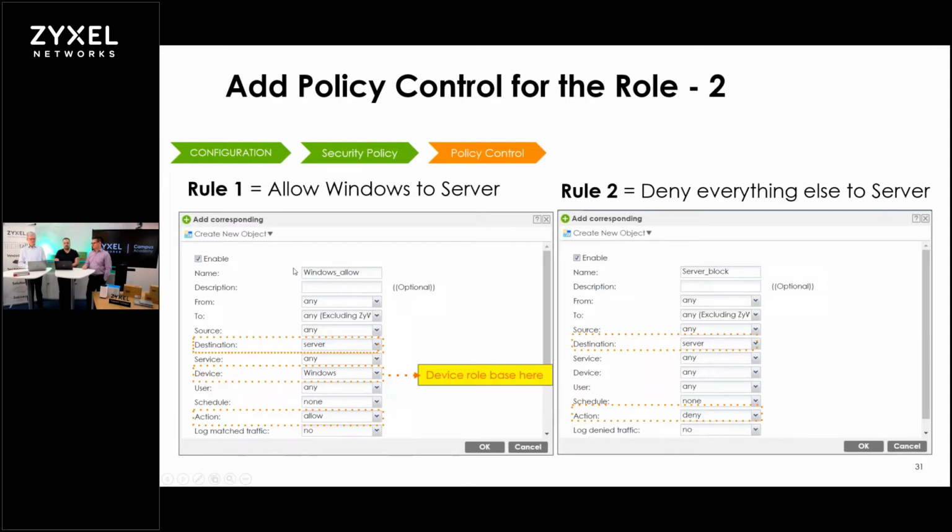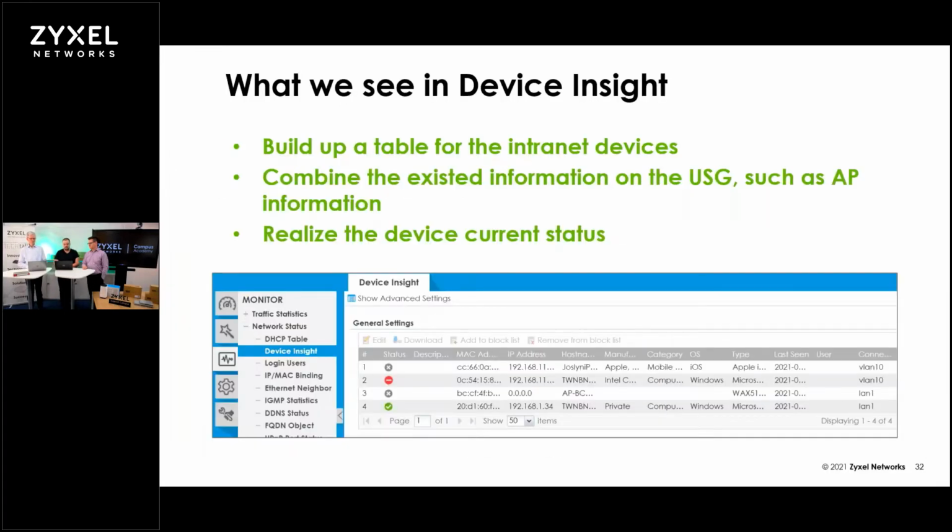Make sure that you create the allow rule first and the deny rule as second priority, because our firewall is working from the top to the bottom and the first matching rule will be applied and the other will not be checked.